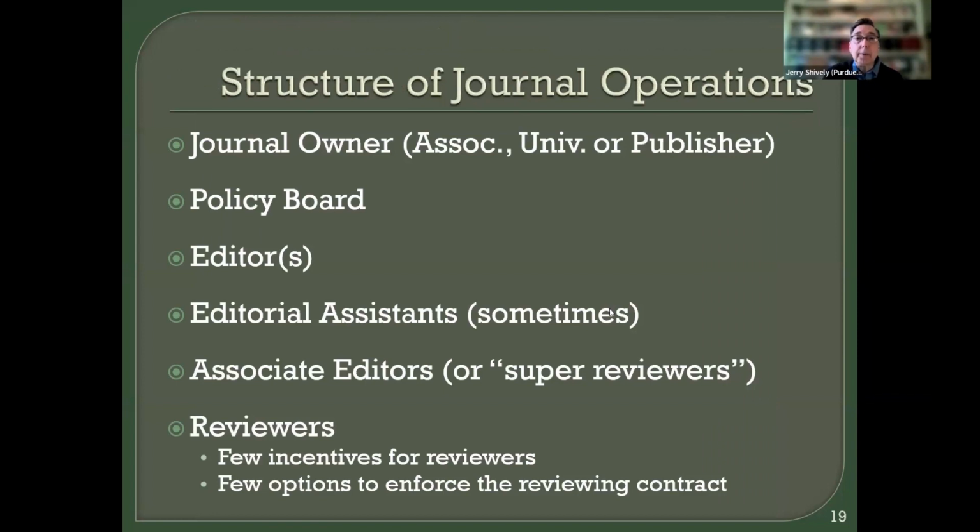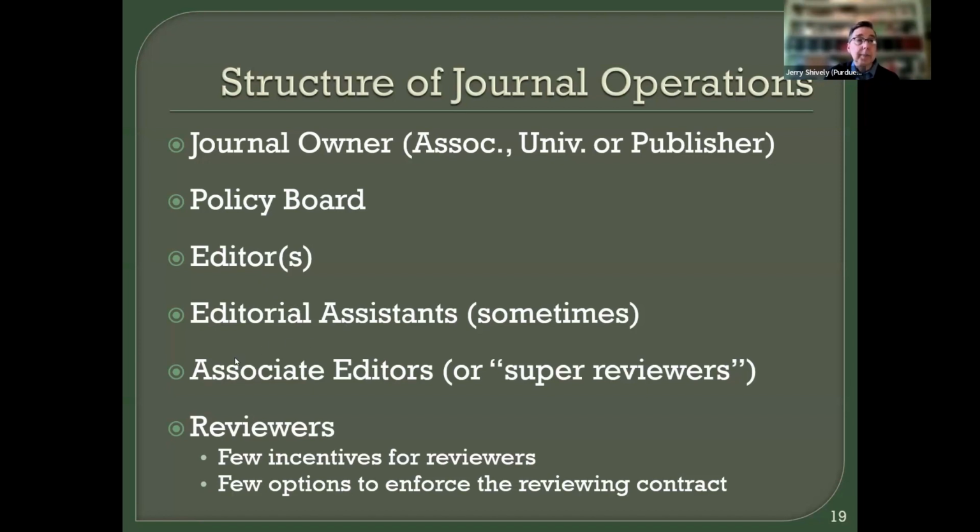The way that journals operate is that there's usually an association or a university or a publishing house that owns the journal. The journal has a policy board, usually senior academics who have experience in the discipline. Most journals have one or more editors who are sort of the gatekeepers for the journal. Those editors sometimes have editorial assistants who help them, sometimes not.